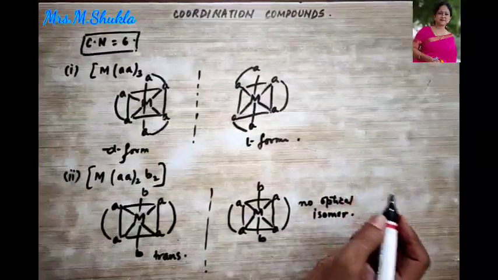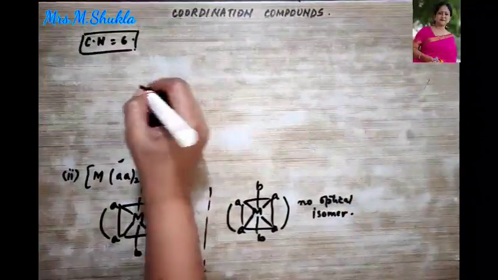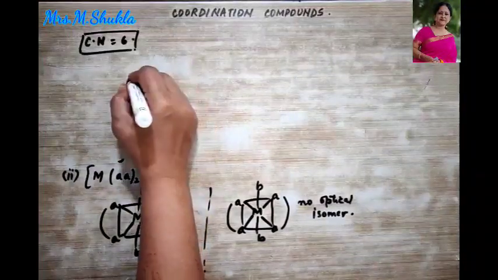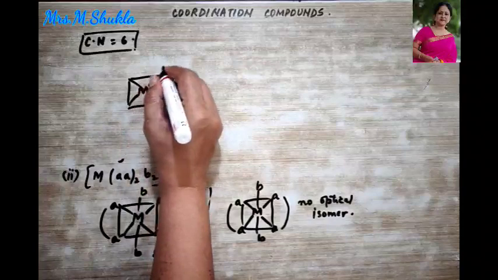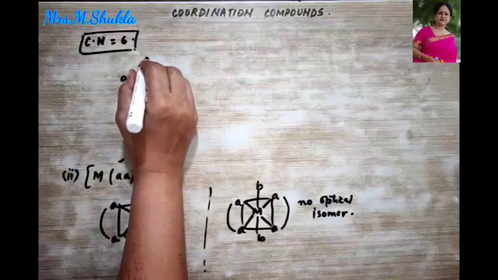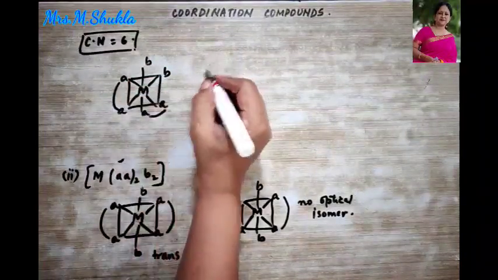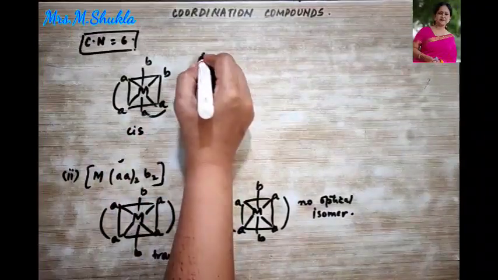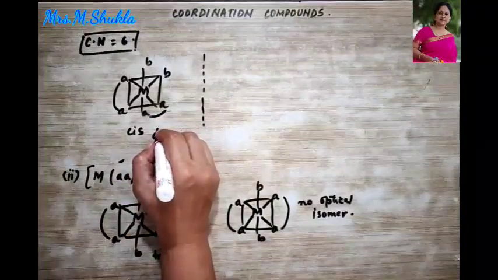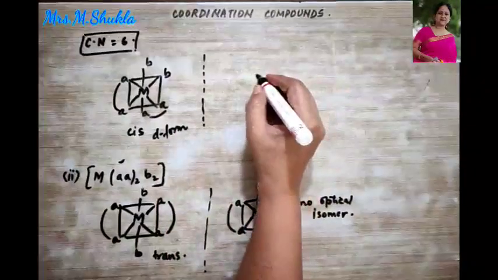Whereas if you look at the cis, I'll draw it for you over here. M, this is B, A, B, A. Okay. If you look at this figure which forms cis, then it is going to show optical isomerism. This is D form. Okay. And what is it going to form? It should form L form.